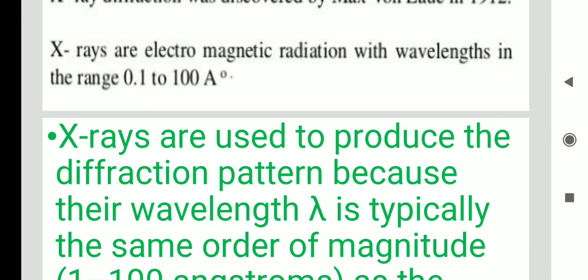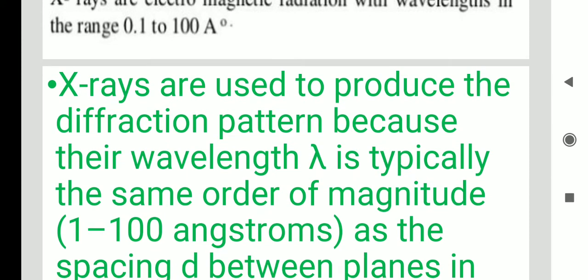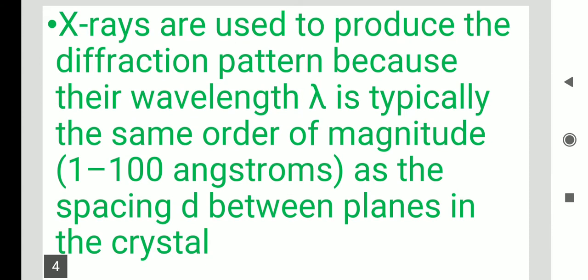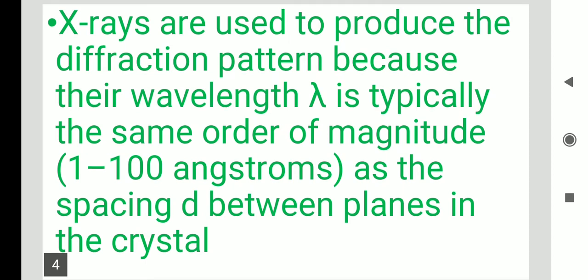X-rays are used to produce the diffraction pattern because their wavelength is typically the same order of magnitude as the spacing between the planes in a crystal. Whatever spacing is there in the crystal, this X-ray wavelength matches it. That is the reason we prefer X-rays for diffraction in crystal analysis.